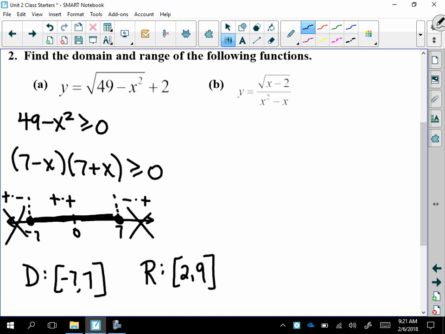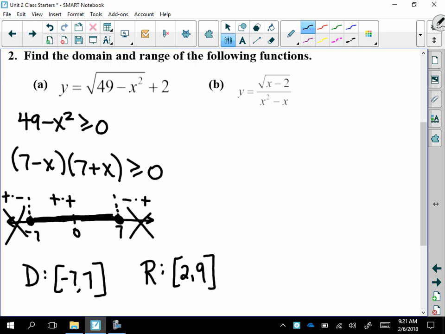The intercept, is that a y-intercept? The y-intercept will be when x is 0, right? So if x is 0, 49 minus 0 is 49, and the square root of 49 is 7. 7 plus 2 is 9. But that doesn't mean that the y-intercept is the maximum.